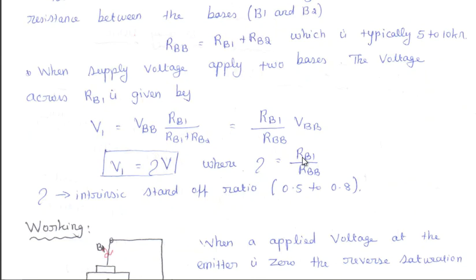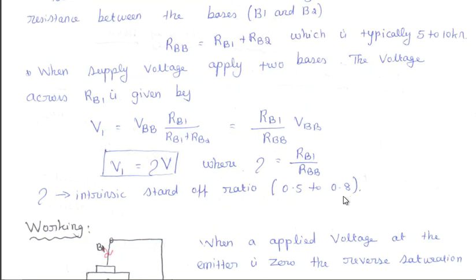The total resistance RB1 plus RB2 is replaced by RBB. So the voltage across RB1, V1, is equal to eta into VBB. Eta is the ratio of RB1 to RB1 plus RB2, called the intrinsic standoff ratio. The value of the intrinsic standoff ratio eta is 0.5 to 0.8.